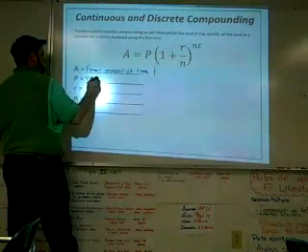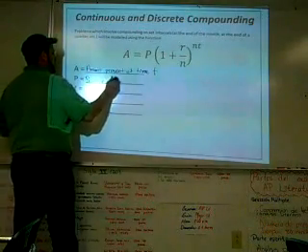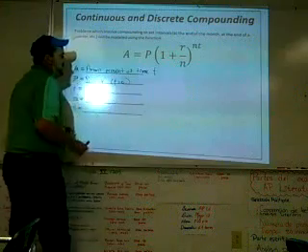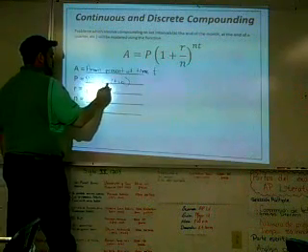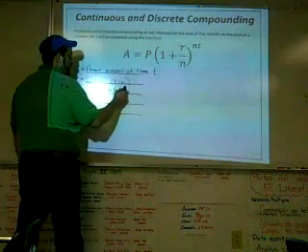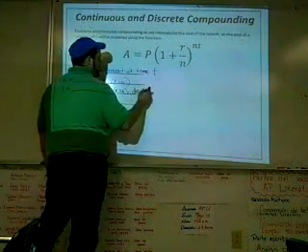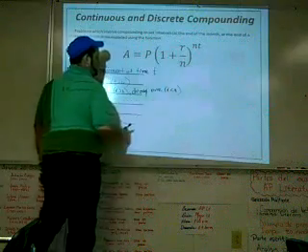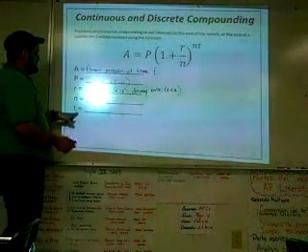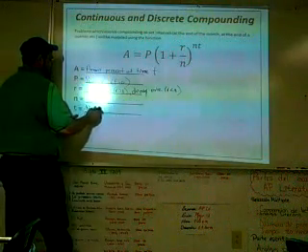P is your principal amount. That's how much you have at time 0. R is, again, your growth rate if R is greater than 0, it's your decay rate if R is less than 0. T is still time.